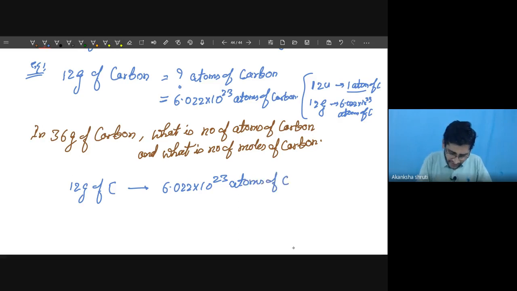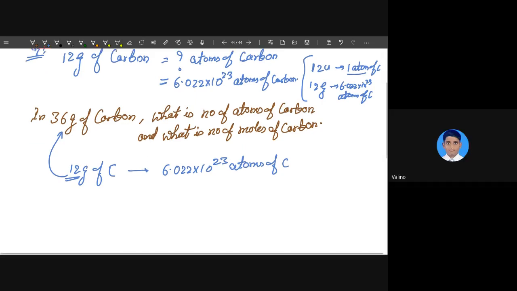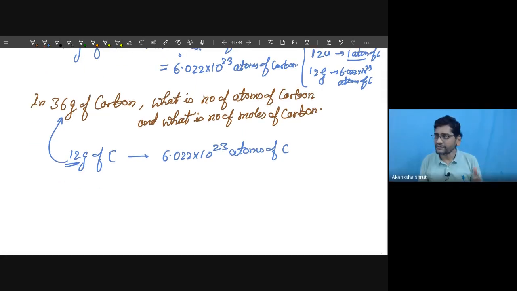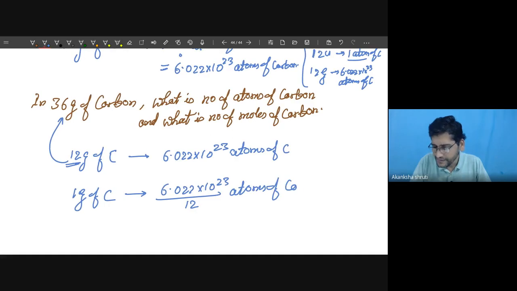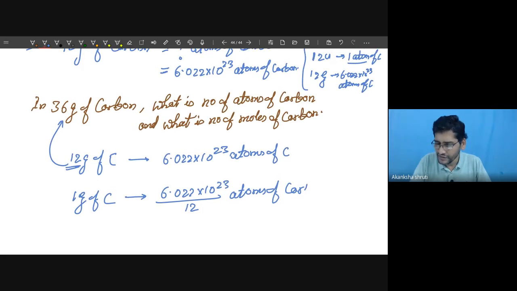Now see, from this 12, how can I reach this 36? Multiplied by 3. How are we getting that 3? In 1 gram of carbon, how many atoms of carbon will be present? 6.022 into 10 to the power 23 divided by 12 atoms of carbon. This is the unity method that we are using.